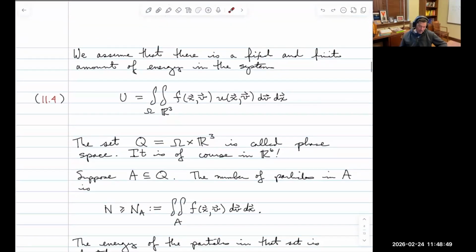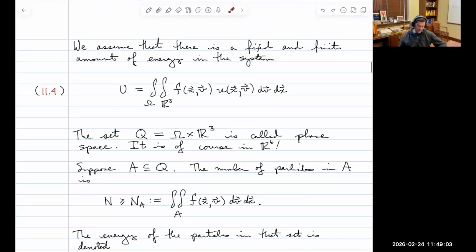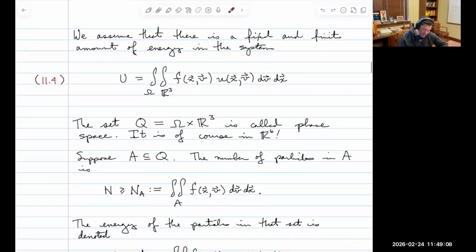All right, now, like we've done many times before, we're going to assume that there's a fixed and finite amount of total energy in the system that can never change, as well as a fixed and finite amount of particles in the system that can never change. So remember we had this per particle energy function that we defined earlier. That's got the energy information of our system completely.